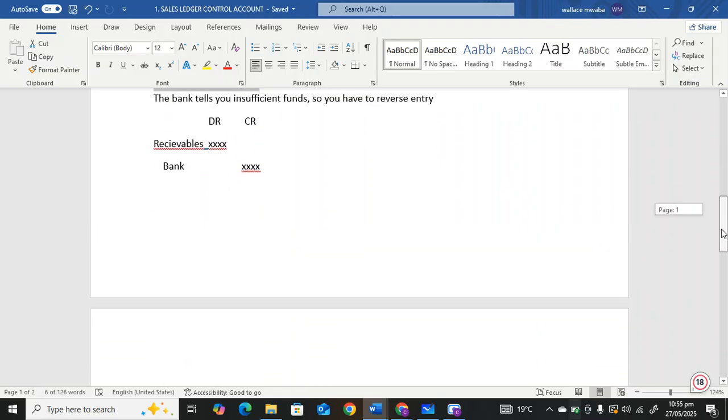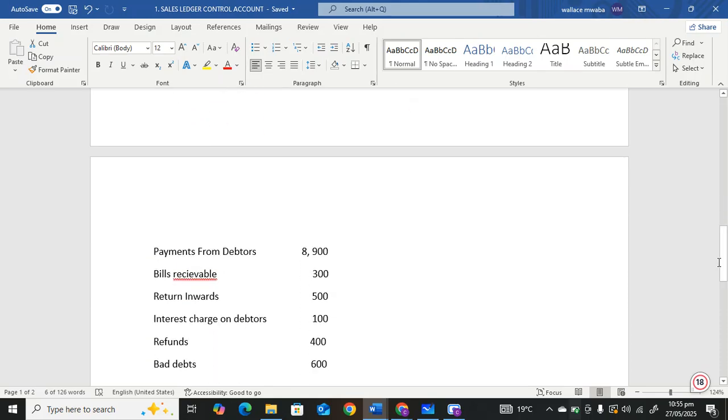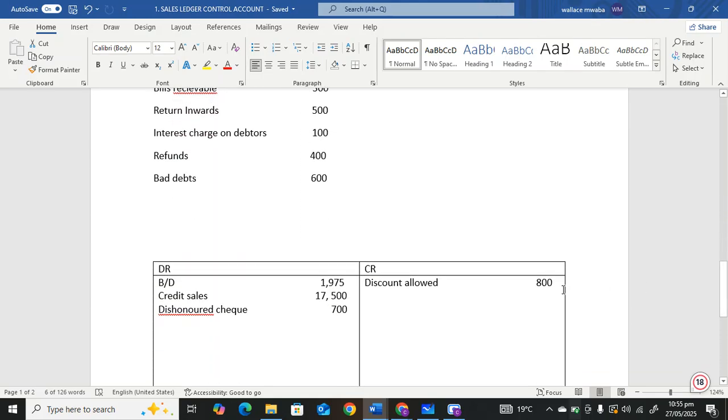So payment from debtors is going to be on the credit side.